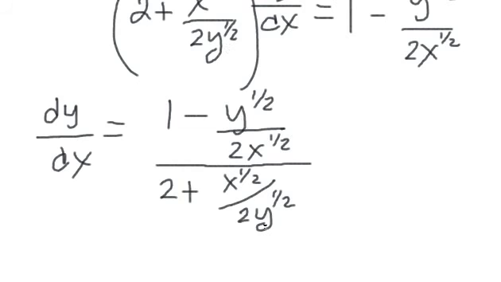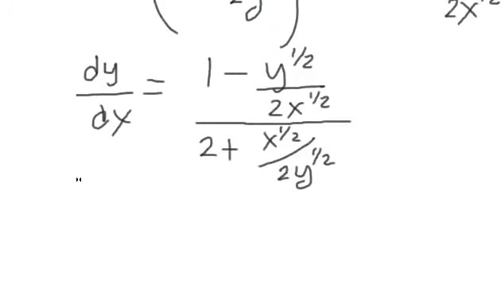Yeah, that looks like that. I'm going to rewrite this one more time and get it out of exponential form. I have to write small here because I've run out of room. 1 minus, now this right here, we got a y to the half and an x to the half.